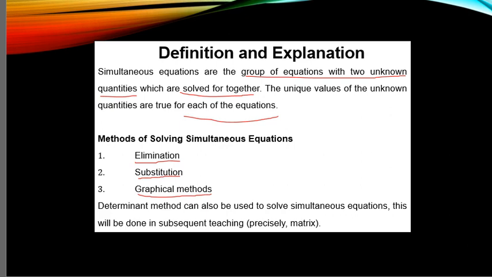Determinant is the Cramer's rule approach. We also have the inverse method and other methods that can be used. But for now, we will treat elimination, substitution, and graphical methods.